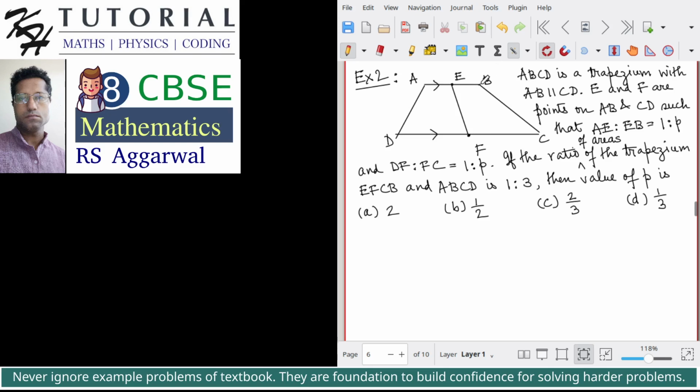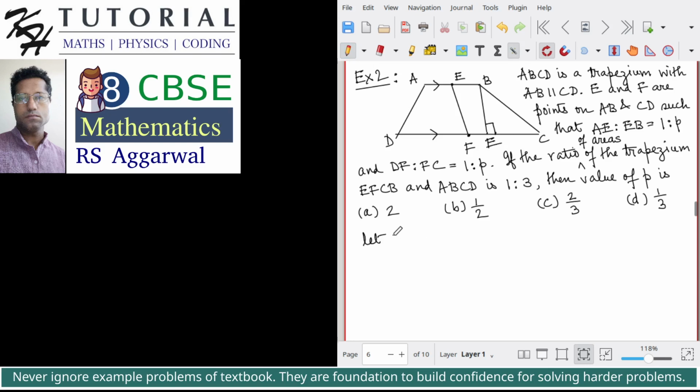If I draw a perpendicular from B to DC, let's say this point B, the perpendicular BE is perpendicular to DC.